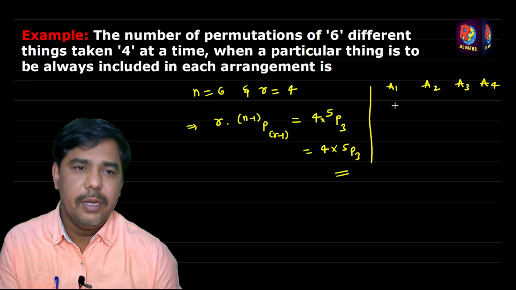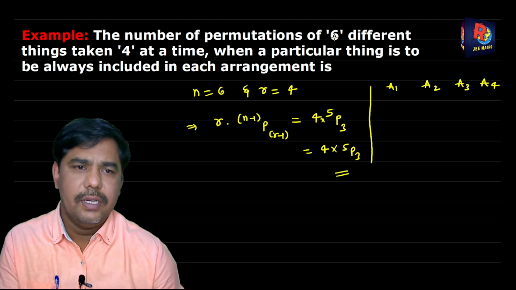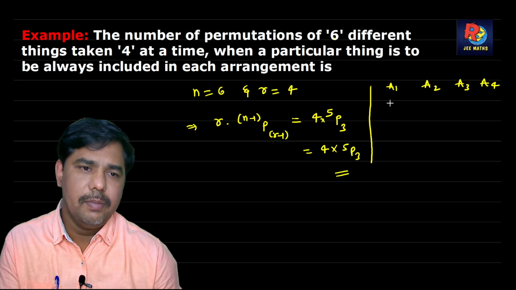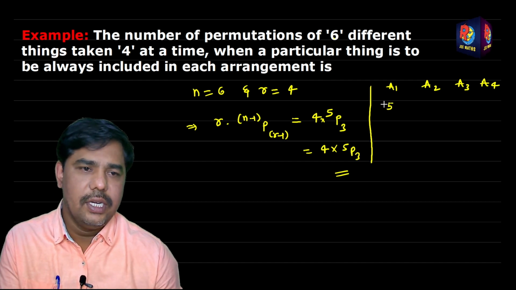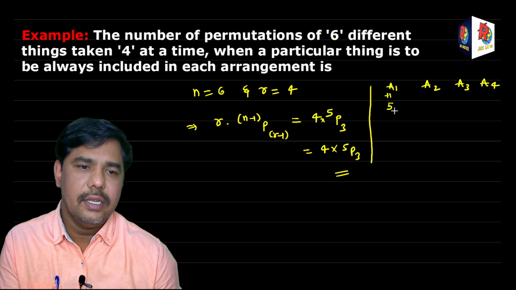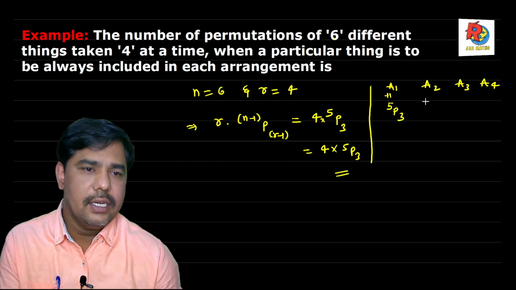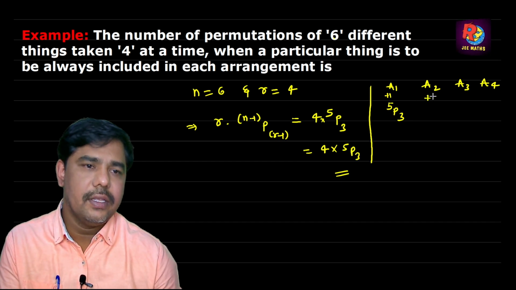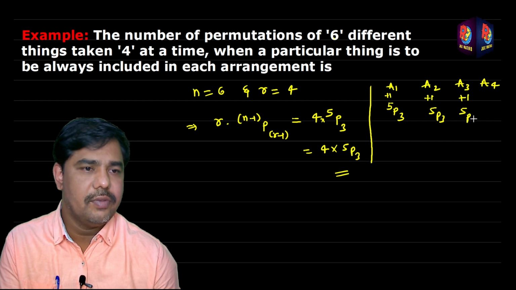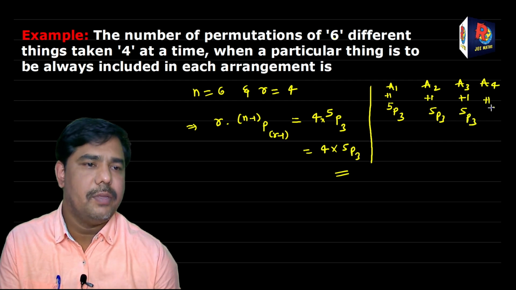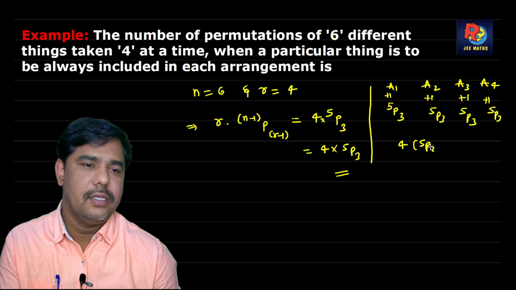For example, things will be taken as persons, and one person we need to subtract here, so then 5 persons are there. Out of 4 positions, one person is already included, so out of 5 we need to select 3 only. Like that, in the second arrangement also same thing, 5P3 ways. In third also same, 5P3 ways we can arrange, and fourth also same, 5P3 ways. So if you add all those, 4 into 5P3 is the answer.